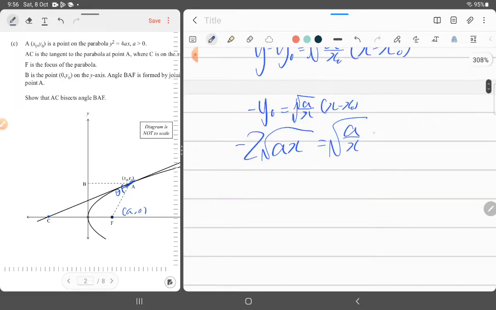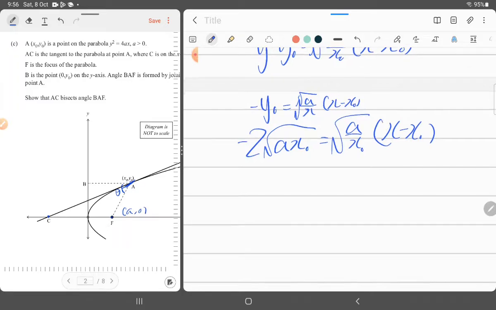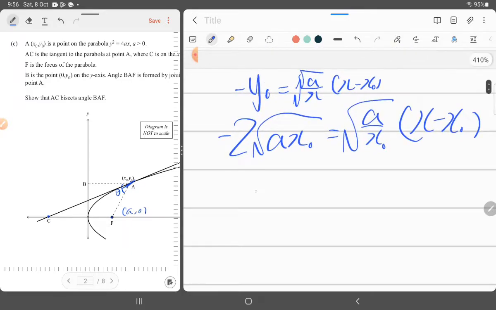Alright, then x take away x0, and that's 2x. I think yeah, that's 0. Alright, this very nicely cancels out, I think. Yes, the a's cancel out, then you get 2x0 is equal to x0, negative x0.